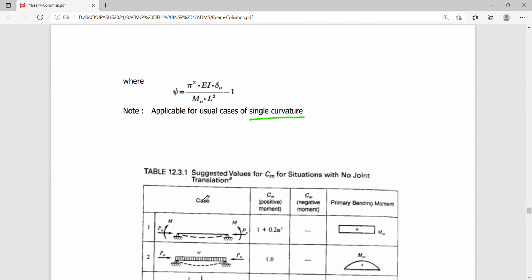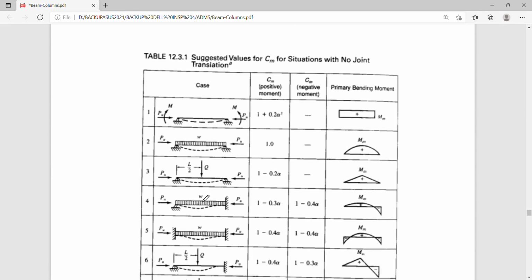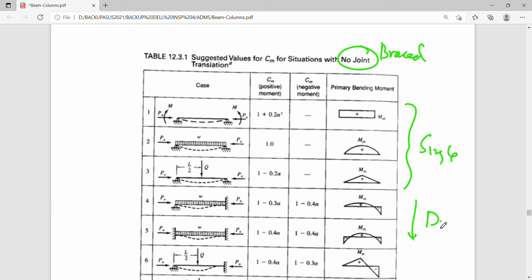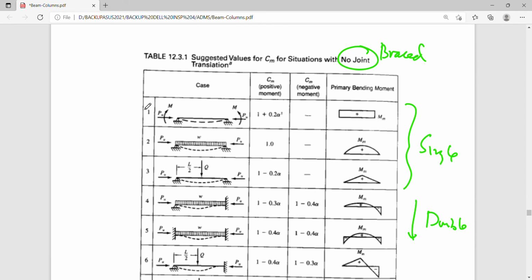And these are the suggested values for Cm for situations with no joint translation, meaning this is a braced column or a braced frame. From 1 to 3, notice that these are all single curvature, and the rest here are double curvature. So if you try using this equation, it will fall into a more accurate comparison on 1, 2, and 3, but on the others, it may not.